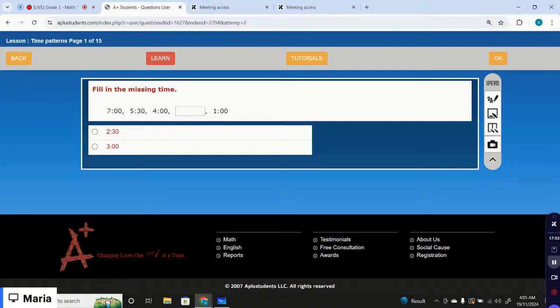Fill in the missing time, 7, 5:30. So which is the correct option? The time is decreasing.